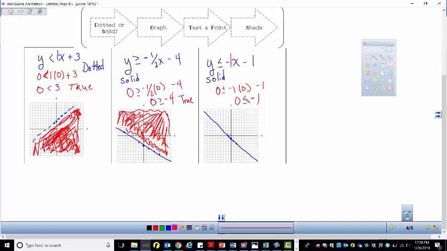Is 0 smaller than negative 1? That one is false. 0 is always bigger than negatives. So when we go to shade, you see 0 is above the line, and because 0 was false, we're not going to shade above, we're going to shade below.